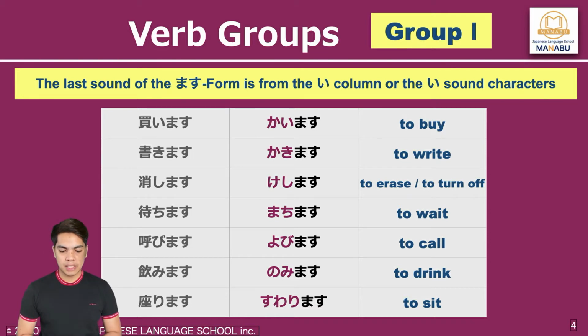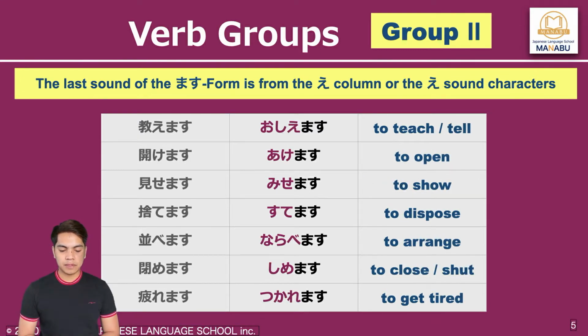Suwarimasu, suwari. All these verbs, if we remove the masu, the last characters are I sound characters, or they belong to the I column characters.